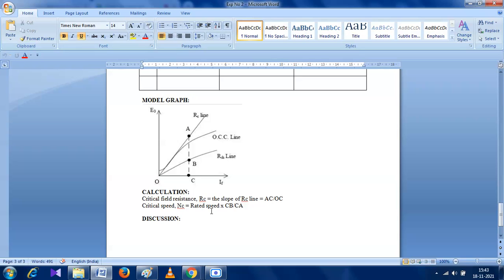It should be the value of rated speed multiplied by the fraction. What is the value of the fraction? The value of fraction is CB by CA.